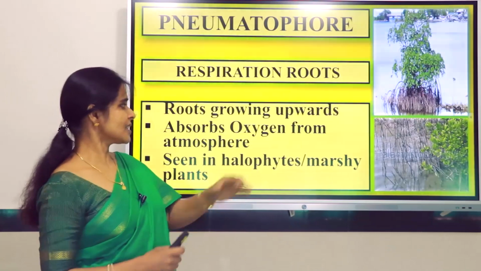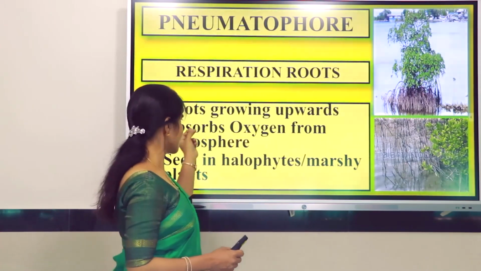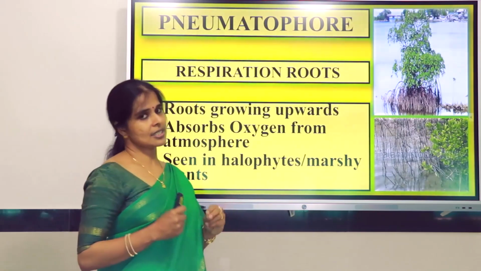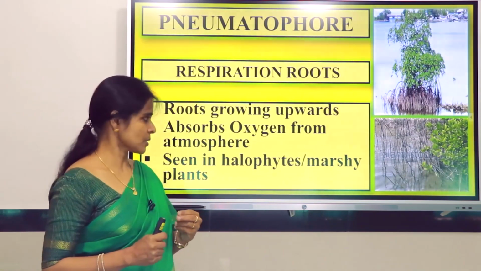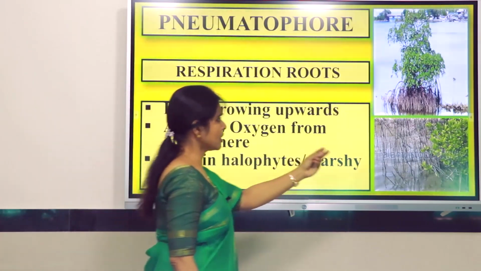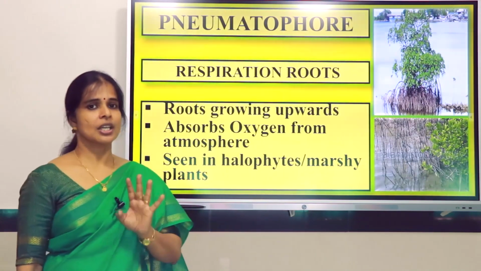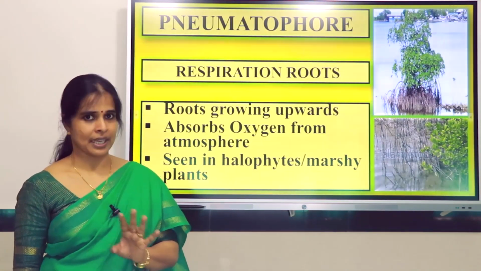These pointers have small pores on them, through which they absorb the oxygen, and thus they breathe, they undergo respiration. Such pointed roots are a peculiar feature of marshy plants. Only in marshy areas such plants are seen, nowhere else.